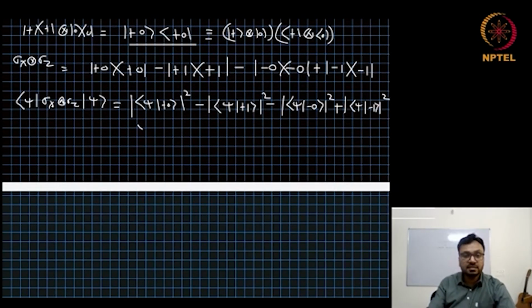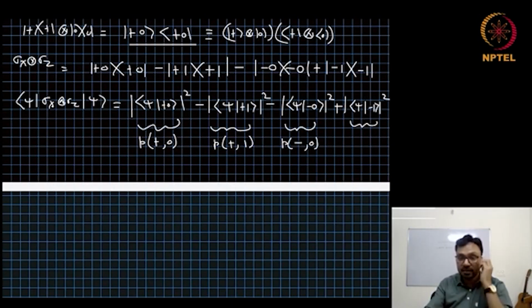Now we see that this is the probability of getting plus in subsystem A and 0 in subsystem B, when we are performing measurement on sigma x in subsystem A and sigma z in subsystem B. This is the probability of getting plus in subsystem A and 1 in subsystem B. Similarly, this is the probability of getting minus in subsystem A and 0 in subsystem B. And this one is the probability of getting minus in subsystem A and 1 in subsystem B.